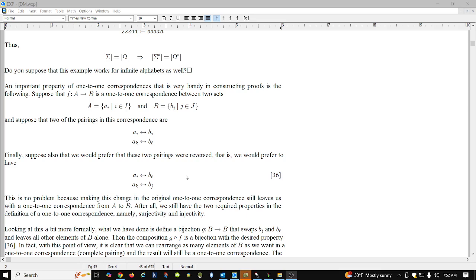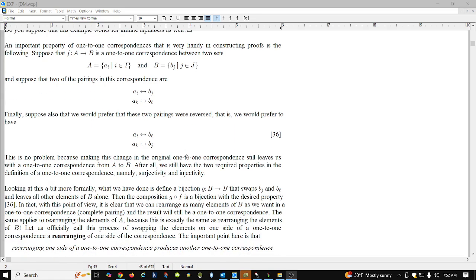And suppose also that we don't like this particular pairing, or set of pairings, for some reason, as we will not like them in some upcoming proofs. We would rather that AI is paired with BL, so this one is paired with this one, and AK is paired with BJ. That's not a problem.